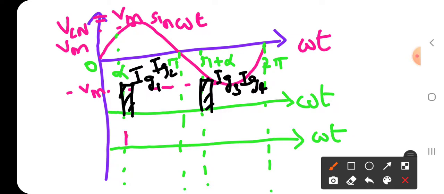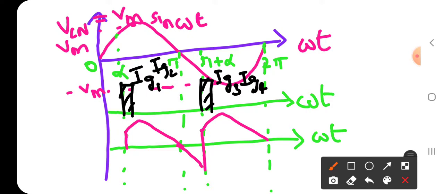That means it will be like this. And then from pi plus alpha to 2 pi, the output voltage is the mirror image of the input voltage. It will be like this.